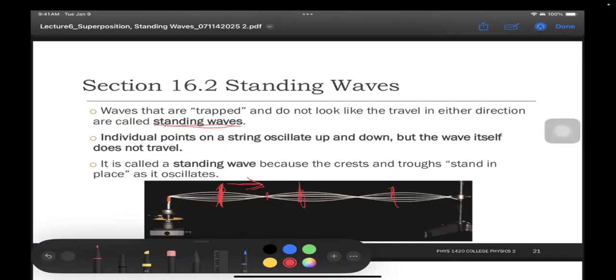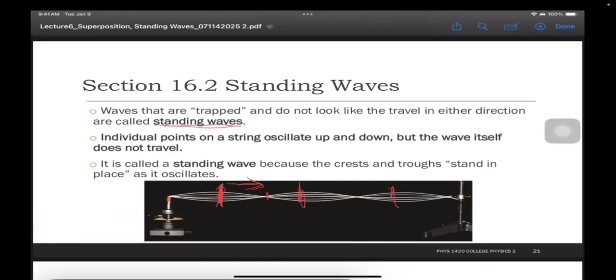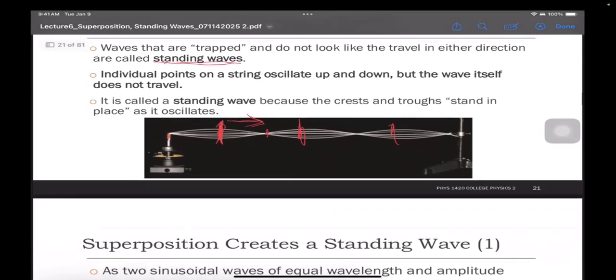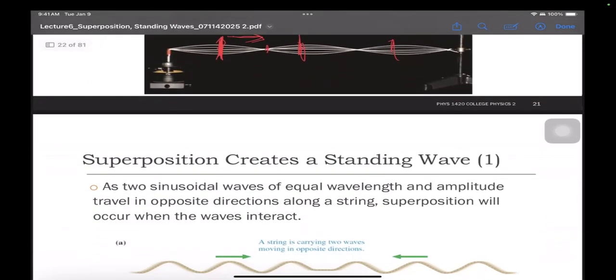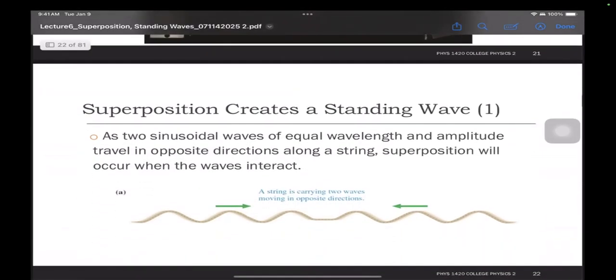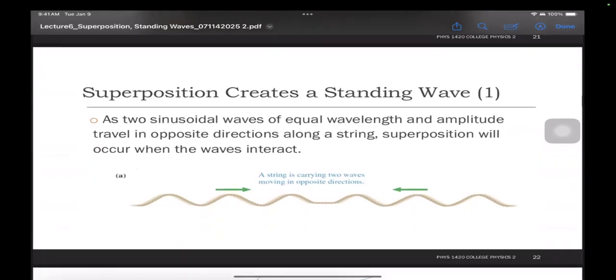So we call this kind of wave a standing wave. And we will talk about how these standing waves are generated and why it's like that, and the theory behind this. Actually, the superposition.